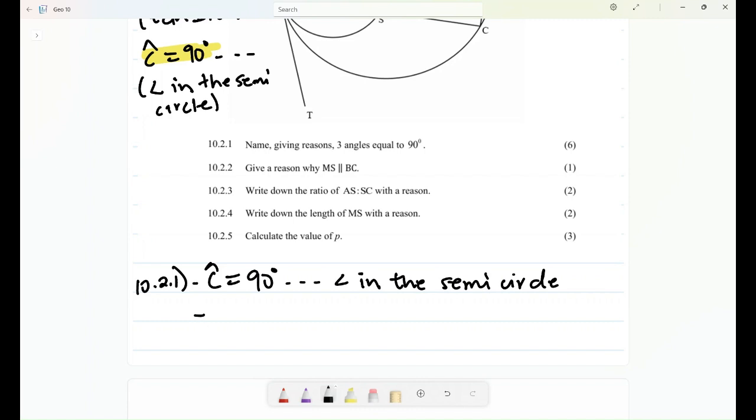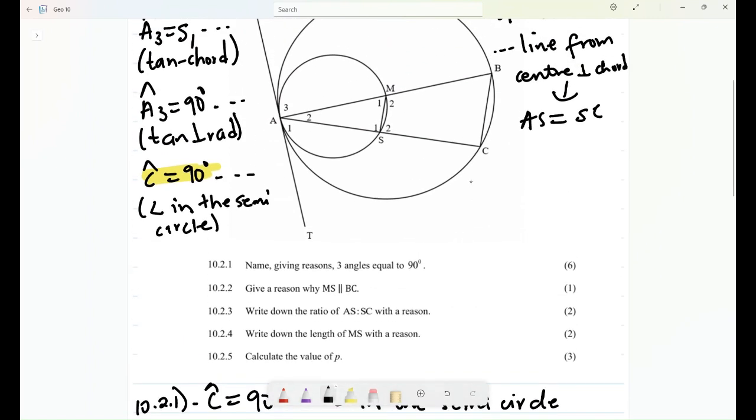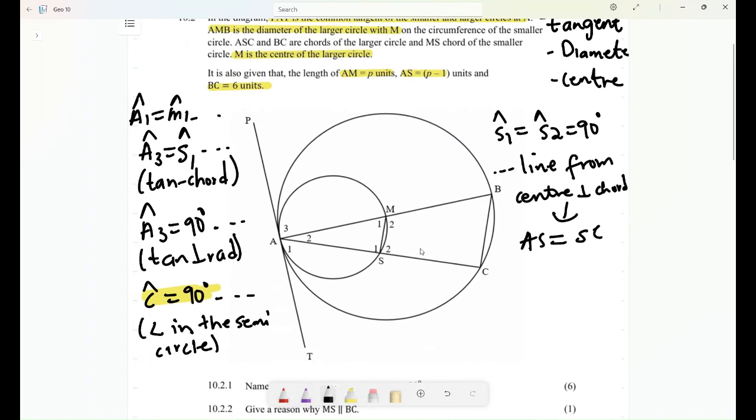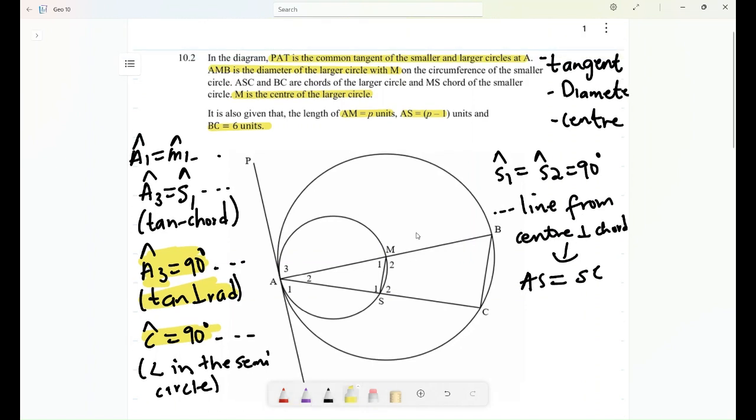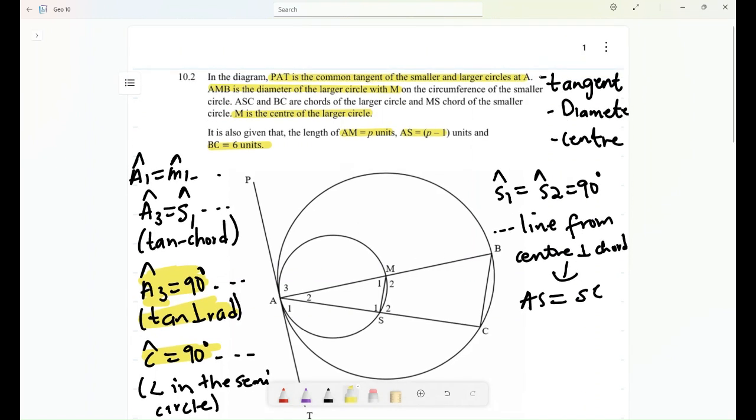The second one. Now, let's look at any angle that is equal to C. We do not see one here. Angle A3 is equal to 90. Why? Tan chord. You see the importance of analyzing the statements that you are given here? If you analyze this important statement, you get your answers.